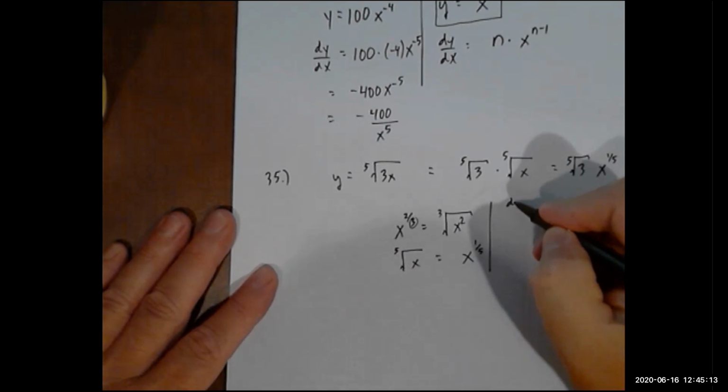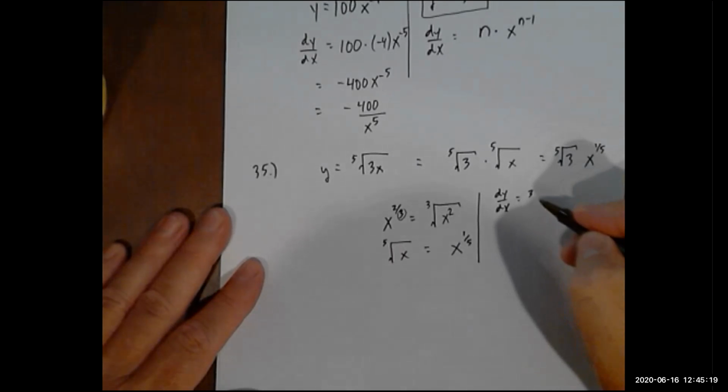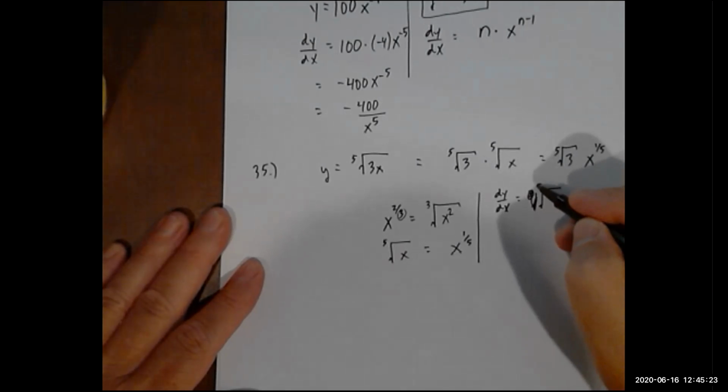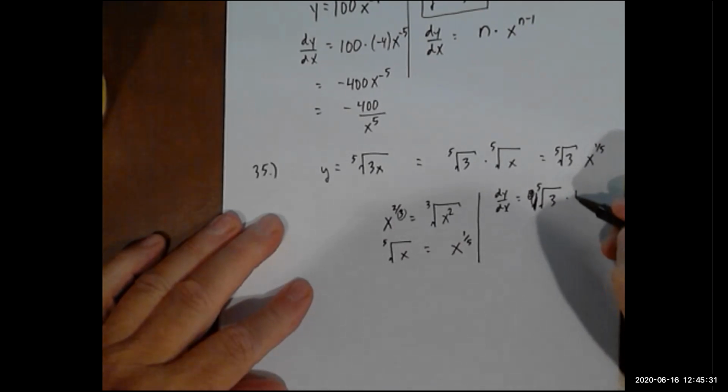Now, if I want to take the derivative of this, this is just a constant. It just tags along. It's sort of ugly, but it just tags along. And now I can apply the power rule to this. So the 1/5 comes down front, x to the 1/5 minus 1.